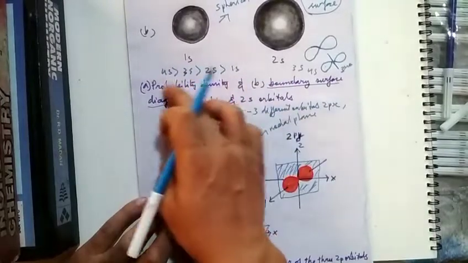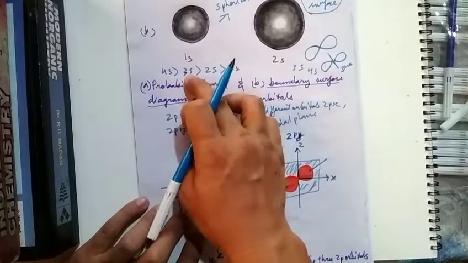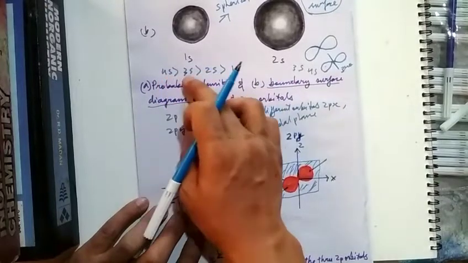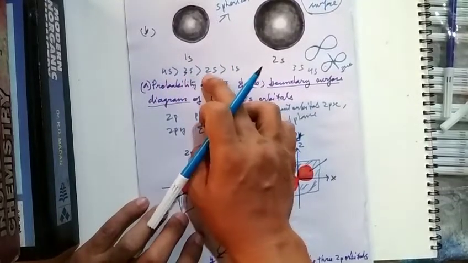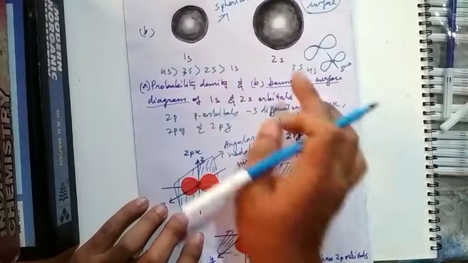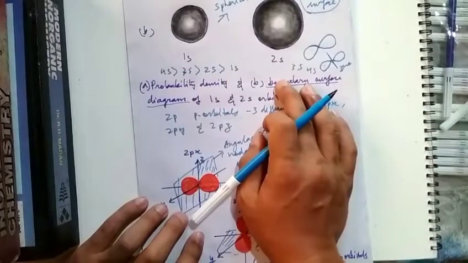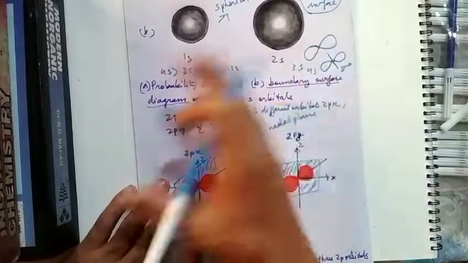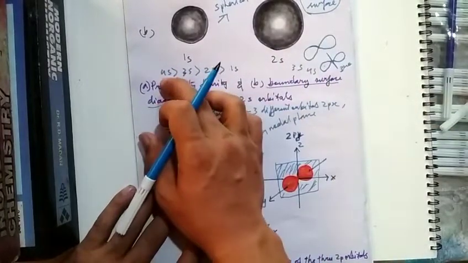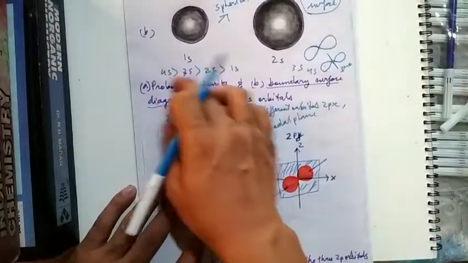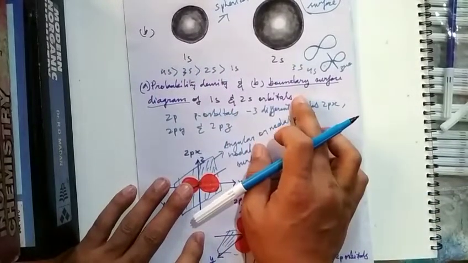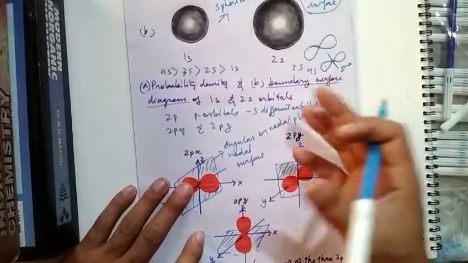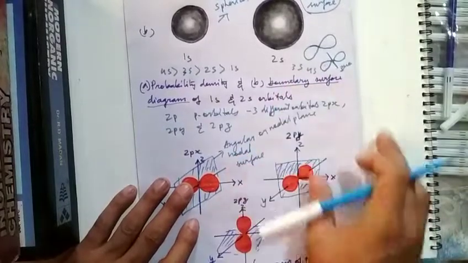So this will be larger than this one, this orbital will be larger than this one, then this will be larger than this one, and so on. So accordingly the size will differ in this manner. With this we come to the end of the shapes of atomic orbitals.